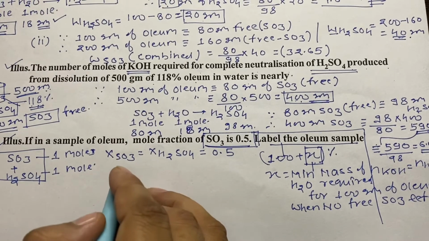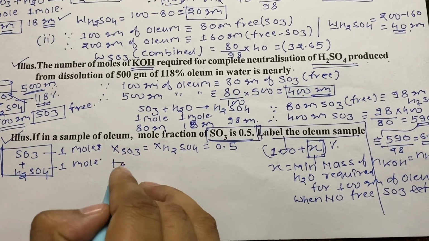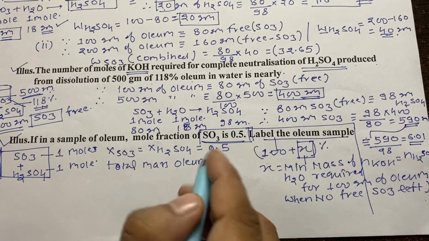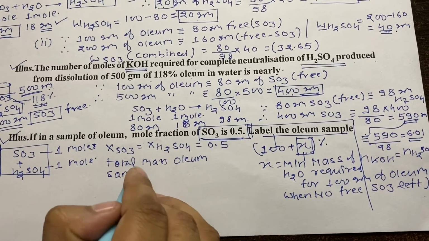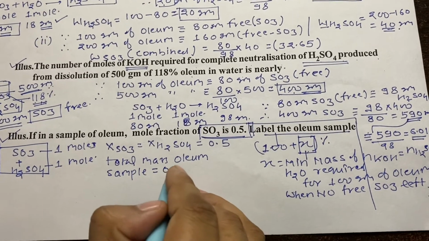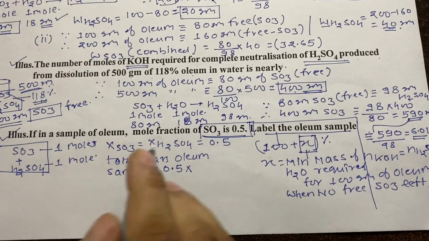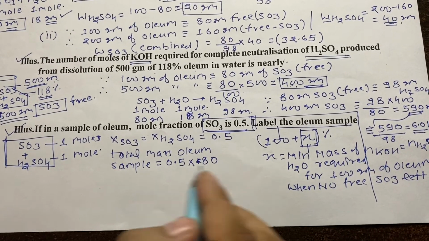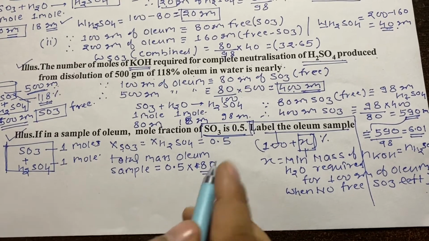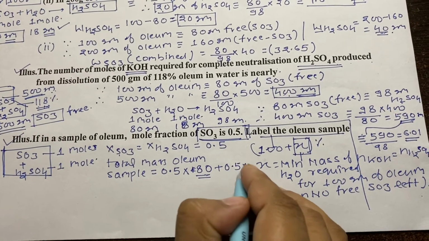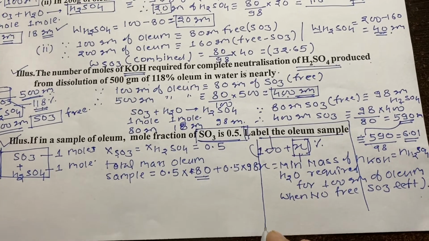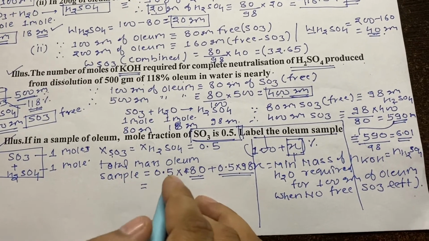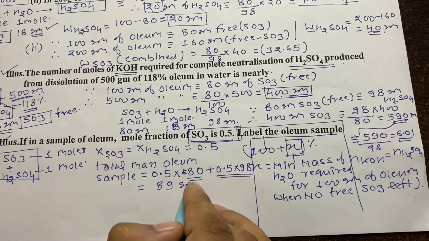So the total mass of oleum sample will be equal to 0.5 into 80, which is the molar mass of SO3, plus 0.5 into 98, which is the molar mass of H2SO4. So this will give the total mass of oleum sample as 89 gram.